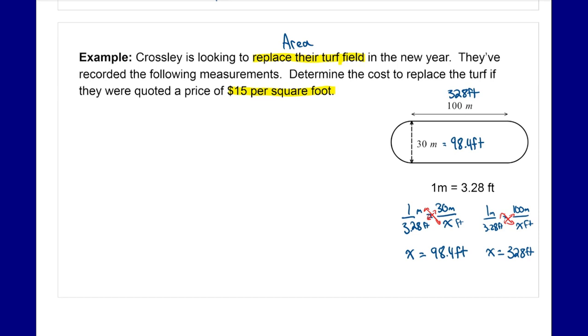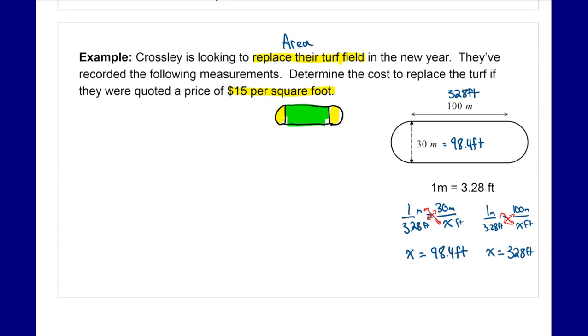Now that I've converted it to the correct units, let's go through and break it up into composite shapes. If I just quickly sketch it, one end straight, the other end. Looking at this, I should be able to see a rectangle in the middle, and then two semicircles on either end.